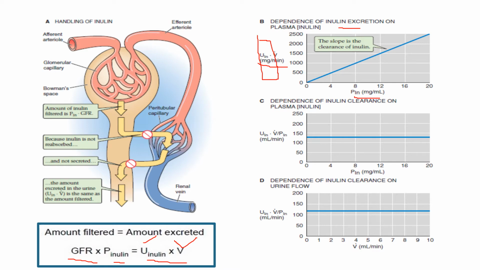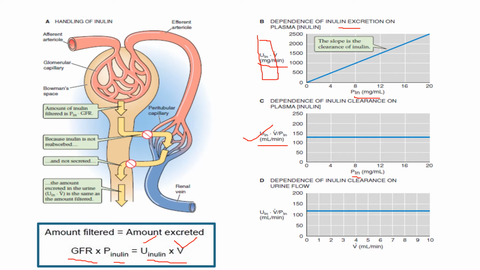In the second set of tests, we are plotting the clearance of inulin, that is, the urine concentration times the urine flow rate divided by the plasma concentration of inulin, along the y-axis, and along the x-axis we are plotting the plasma concentration of inulin.